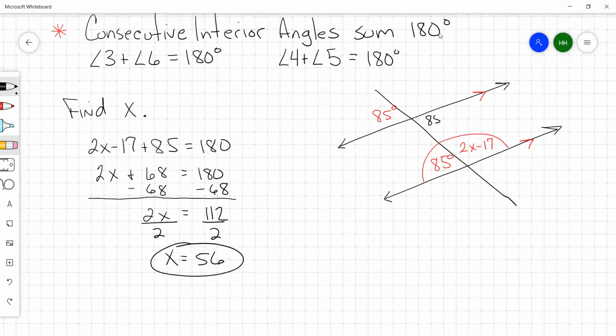So this angle is 85 degrees. The black 85 and the red 85 are alternate interior angles, so they're congruent. And then this angle where the cursor is right now is a vertical angle to this red 85 and it corresponds to the black 85. So for two different reasons, it's 85 degrees.